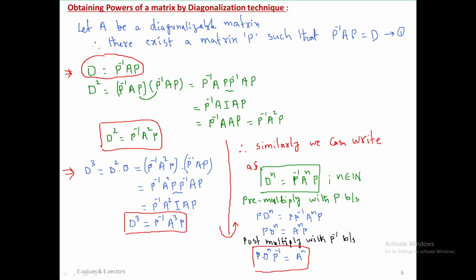D power n has all the entries sitting on the main diagonal. The first entry will be lambda 1 power n and all the other entries are zeros. In the second row, the first entry will be 0, the second entry lambda 2 power n and the remaining entries are zeros. In the third row, the first two entries are zeros, the third entry is lambda 3 power n and the remaining entries are zeros, like that. So that is the matrix D power n.